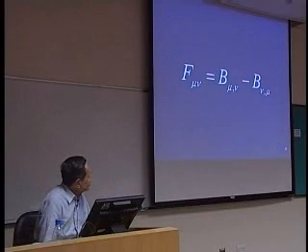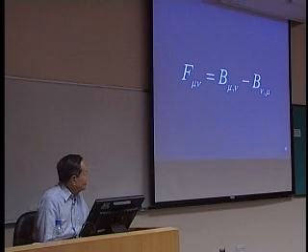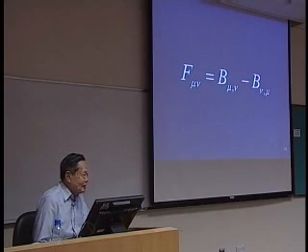Then the next step is, of course, I copied Maxwell. Maxwell had the curl of A becomes the field. So I wrote F mu nu equal to, except now everything is a 2 by 2 matrix. And then I can calculate F prime is equal to B prime mu comma nu minus B prime nu comma mu.